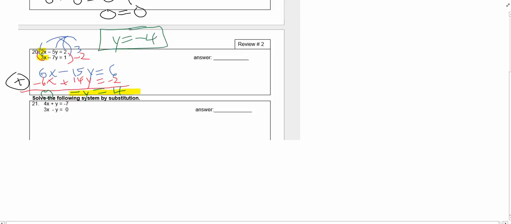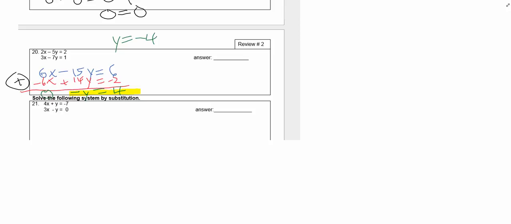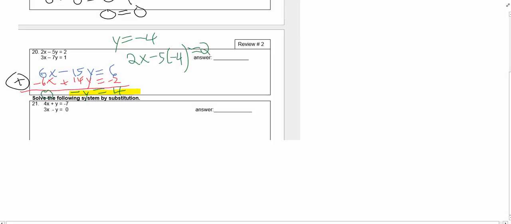And then we're going to take and plug this in to either one of these two equations, the quantity negative 4 for y. So let's do it to the first one. It's a little smaller. We have 2x minus 5 times negative 4 is equal to 2. We have 2x, negative times negative is a positive 20, and that equals 2.